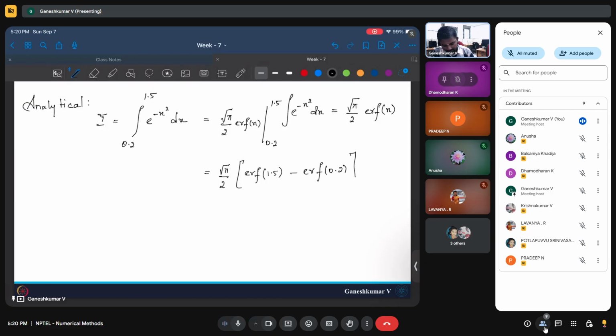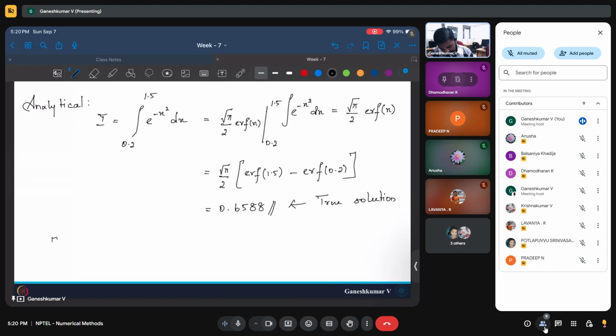I used to Google for the answer, since your calculator cannot evaluate the error function at 1.5 and 0.2. So at the end you will end up having 0.6588. Okay, this is your true solution, or true value, whatever it is.